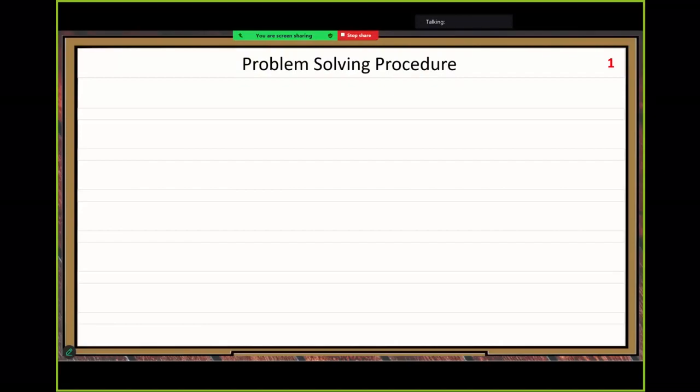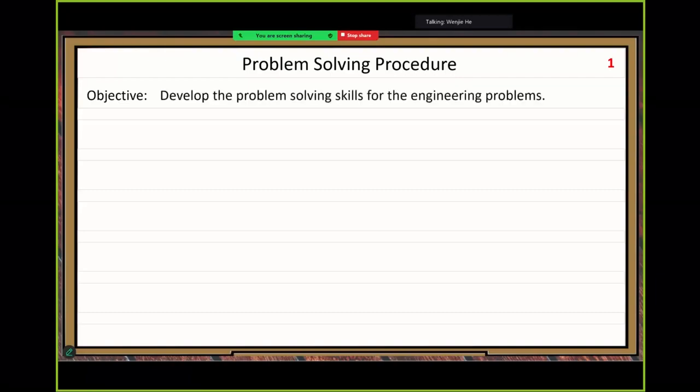First, before we solve these 3 problems, let me go through our typical problem-solving procedure. Our objective of this class: develop problem-solving skills for engineering problems.